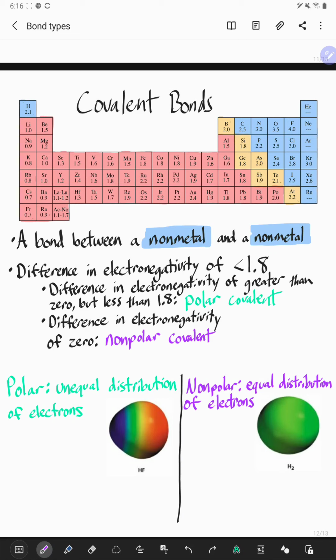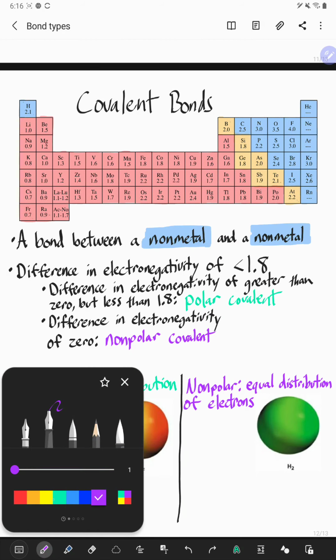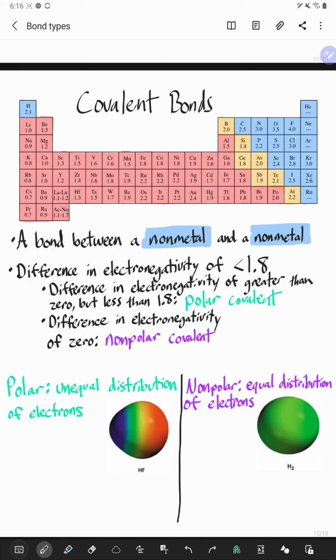Let's go through a couple of examples of a polar covalent bond and a nonpolar covalent bond. Again, it's defined by the difference in electronegativity. If we have a difference of more than 0 but less than 1.8, we're going to call that a polar covalent bond. If we have a difference of 0, that would be a nonpolar covalent bond.